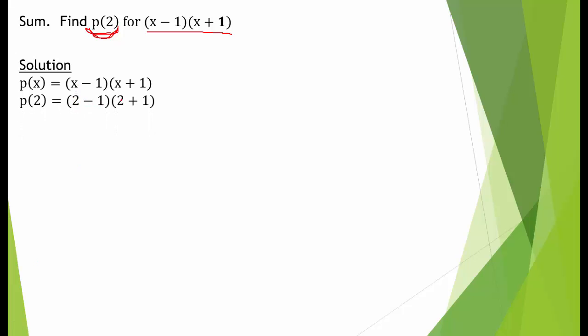We will get 2 minus 1 into 2 plus 1, and 2 minus 1 is 1 and 2 plus 1 is 3. So this will become 3. And this 3 is p of 2, the value of the polynomial at x equals 2.